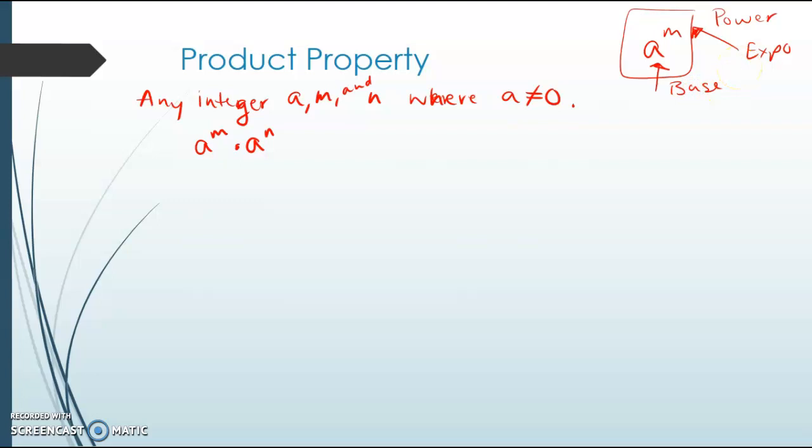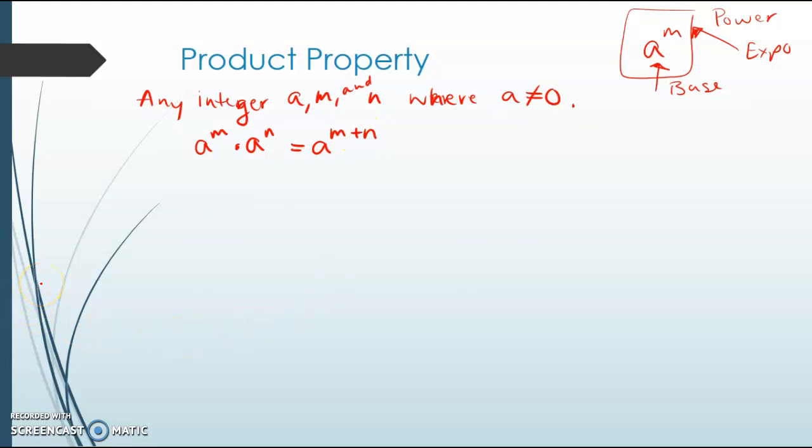And to remember that, think cheerleading. The base holds up the flyer, so our base is holding up our exponent. So in this case, a is our base. If we have that same base, so here we have a to the nth power times a to the nth power, the base stays the same, and we add our exponents.